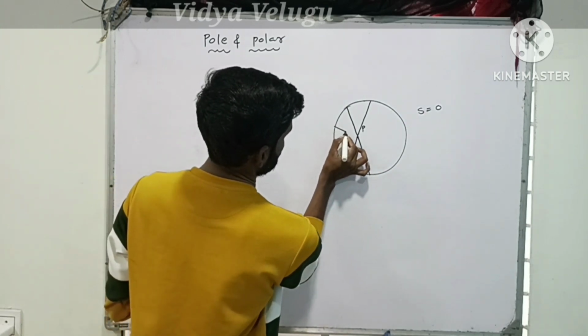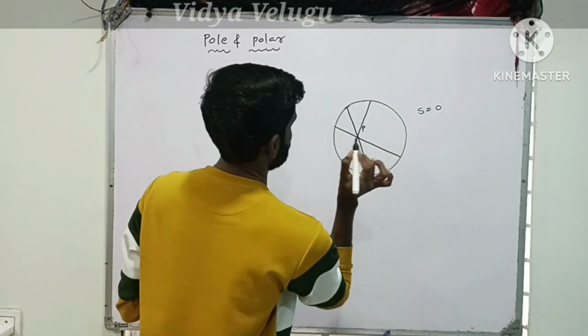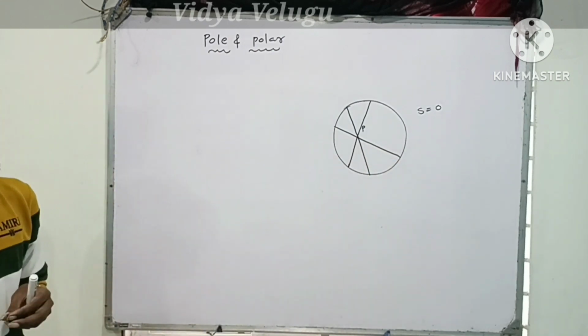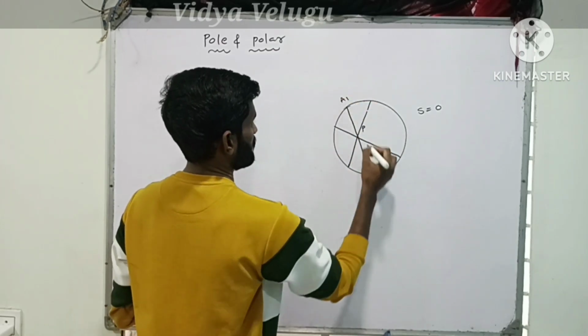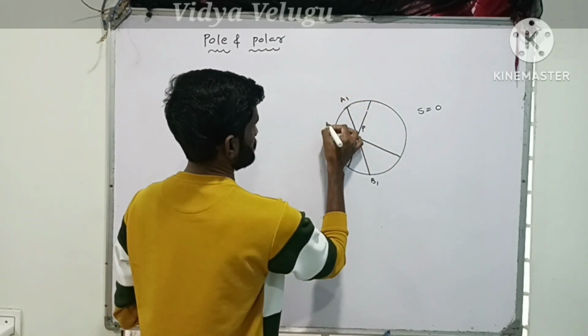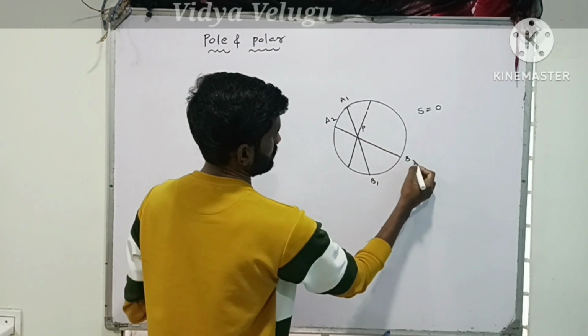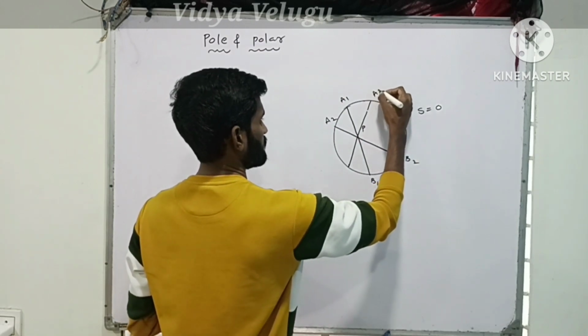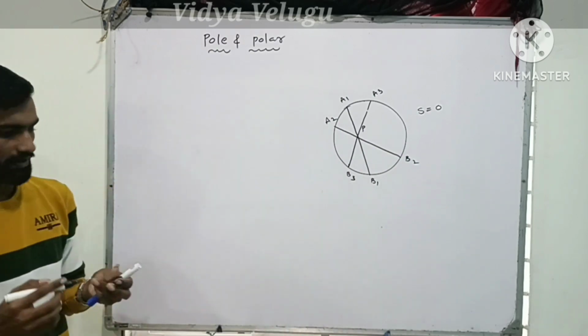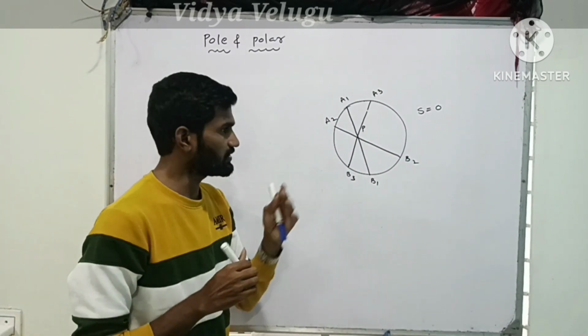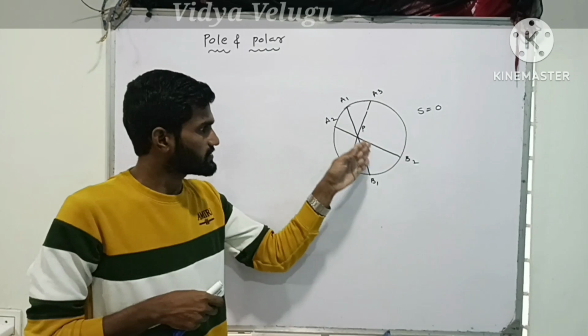Now here I have taken 3 chords: the first chord is A1 B1, then A2 B2, and A3 B3. So I have taken a point inside the circle and drawn 3 chords passing through this point P.